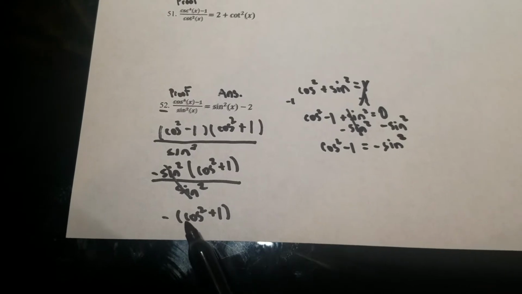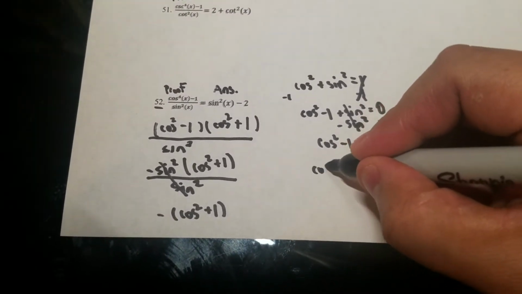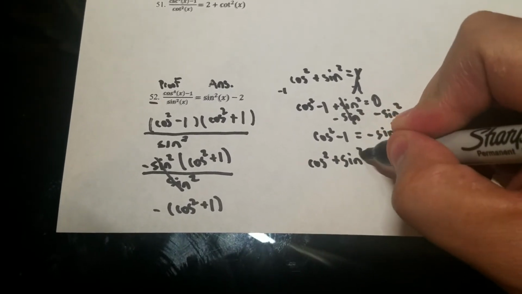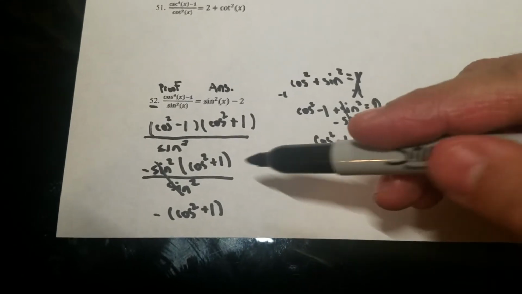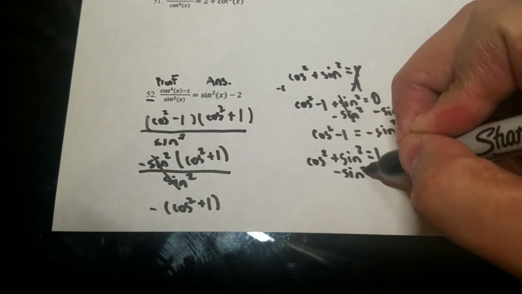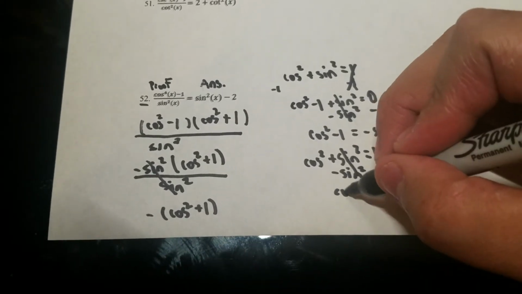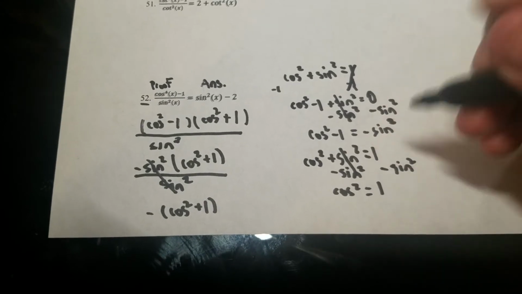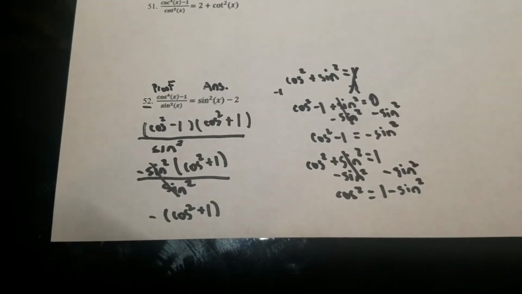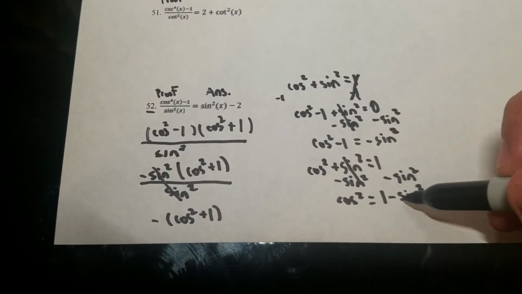So what I'm going to do, now I have cosine squared again, I'm going to use the same property again, because I want it to look like a sine squared. And if I want it to equal cosine squared, I'm going to move the sine to the other side. So now I'm replacing cos squared with 1 minus sine squared.